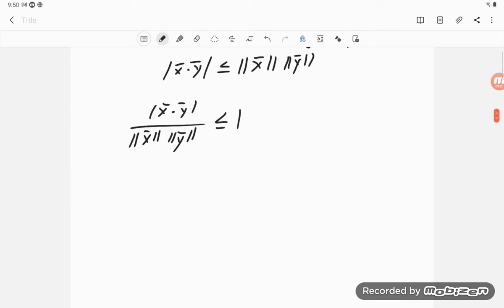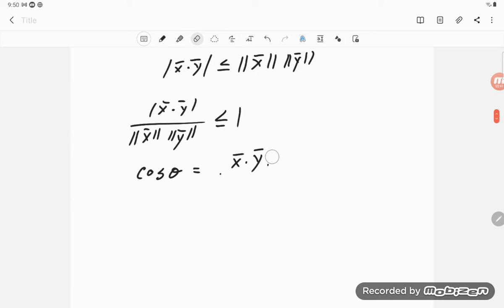therefore what we do is we define our cosine of theta, or the angle between 2 vectors, as, whoops, not the absolute value, sorry, let me get rid of that.